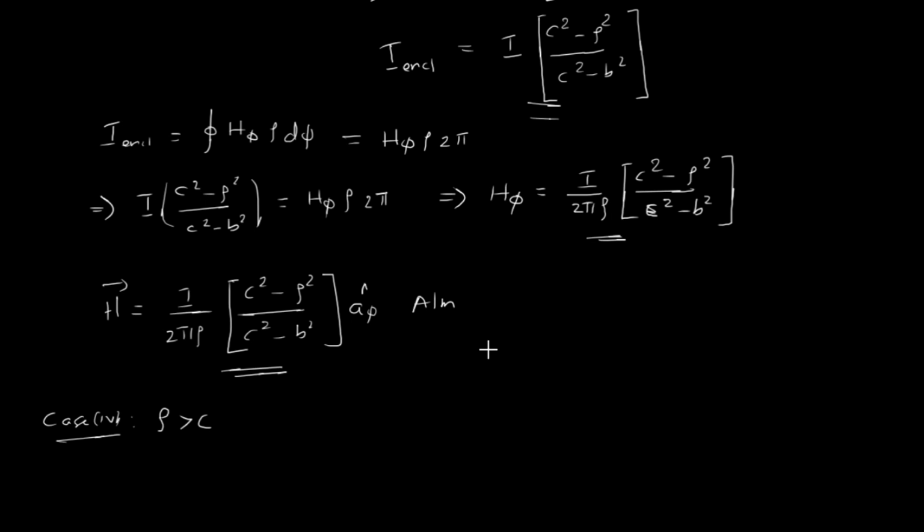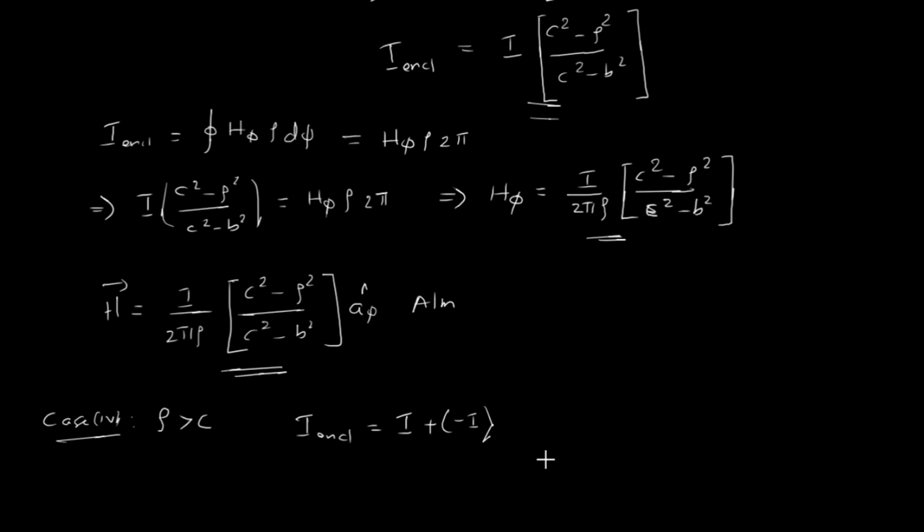In this case, what will be I enclosed? I have to calculate I enclosed. So I enclosed will be the total inner conductor current, which is capital I, flowing along the positive z axis, and the total current flowing through the outer conductor, in the direction of the negative z axis.